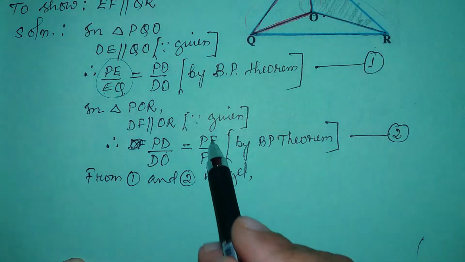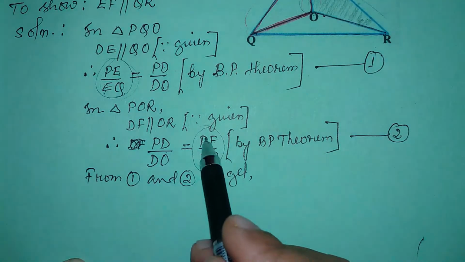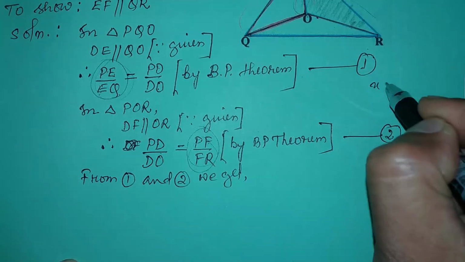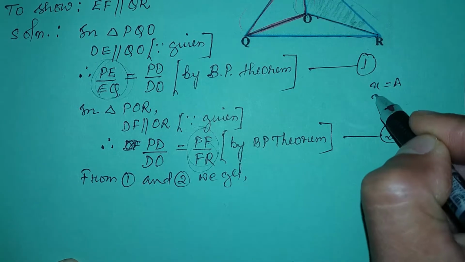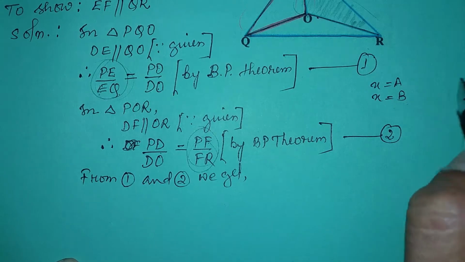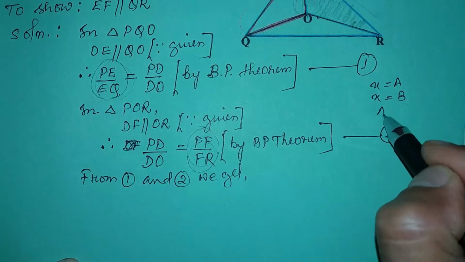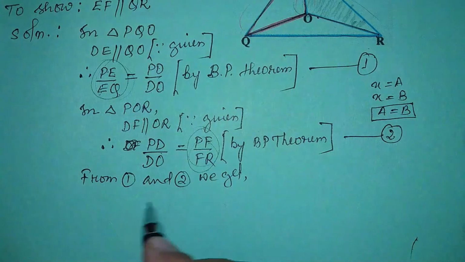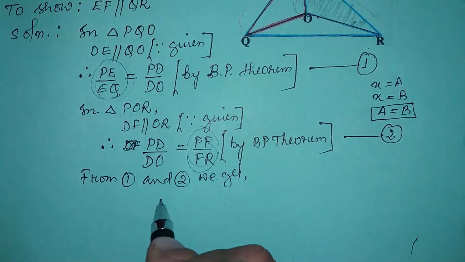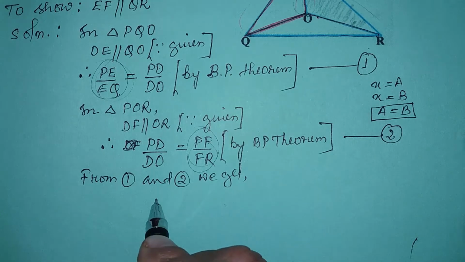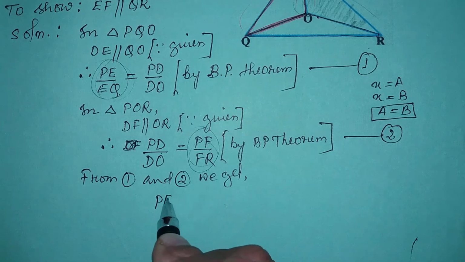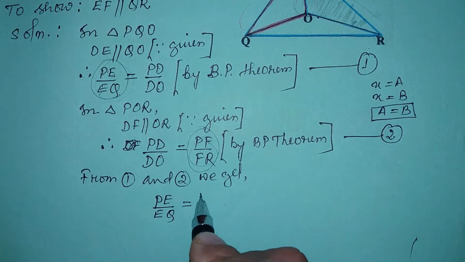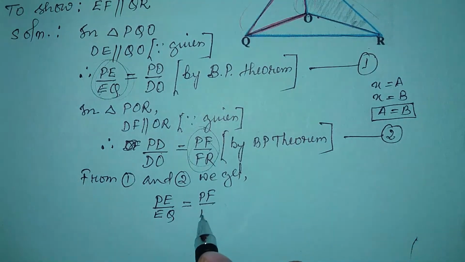So that means these two are equal, because if x is equal to A and again x is equal to B, then A will be equal to B. So PE by EQ is equal to PF by FR.